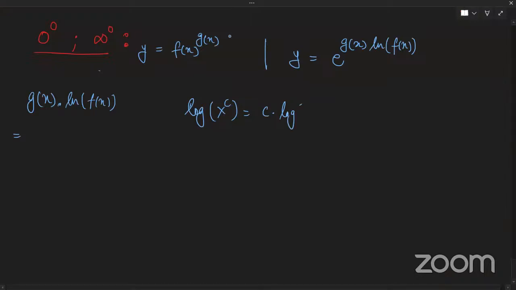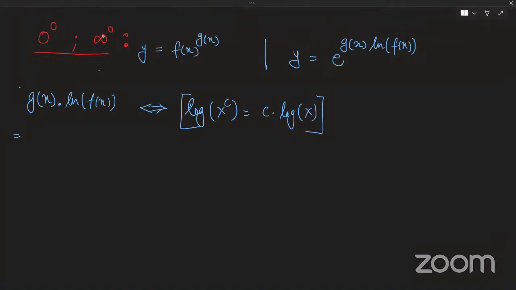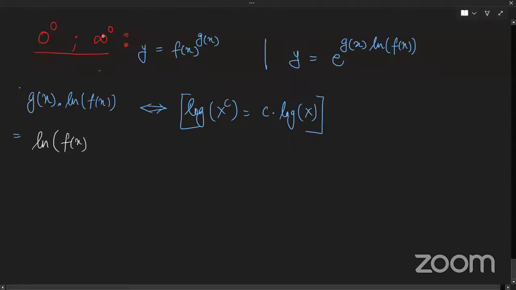So it is c log x. Do you all remember this property of log? Yes, sir. So using this property, can you go back one step, from c into log x, and write it as x raised to c in this case? So obviously we can do it. So it is ln of f of x raised to g of x.